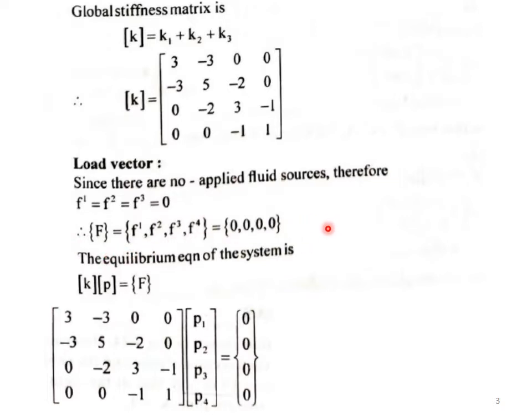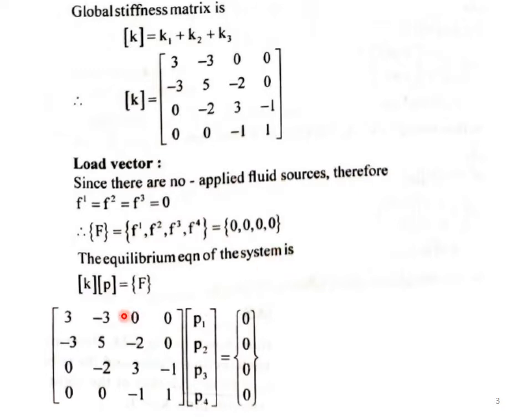Okay. So the equilibrium equation is K into P is equal to F. K is the global stiffness matrix, P is the potentials P1, P2, P3, P4 at all the nodes, and F is all 0 because no fluid force is given. So the P1 value is 10 and P4 value is 1 meter square per second, which is given in the problem.